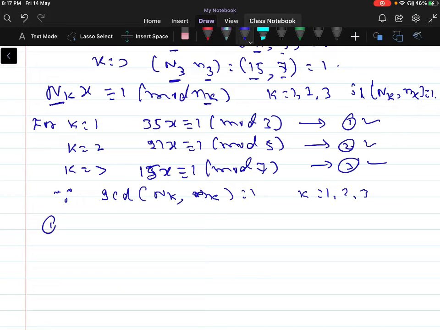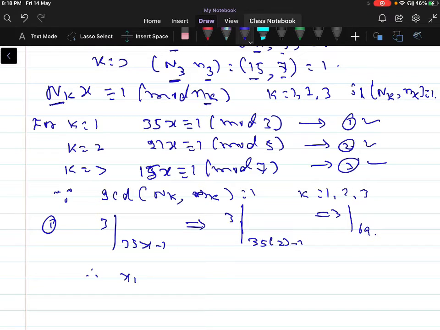From 1 you can observe that 3 divides 35x minus 1. For x equal to 2, 3 divides 35 into 2 minus 1, that is 70 minus 1, 69. Yes, therefore x1 equal to 2 is a solution of 1.